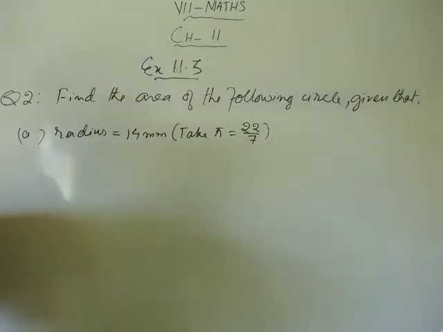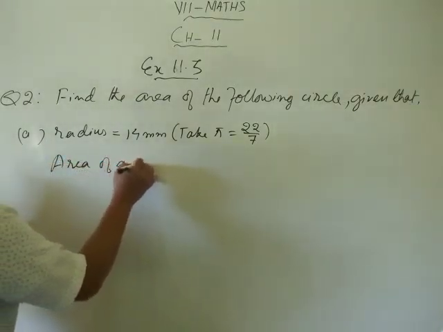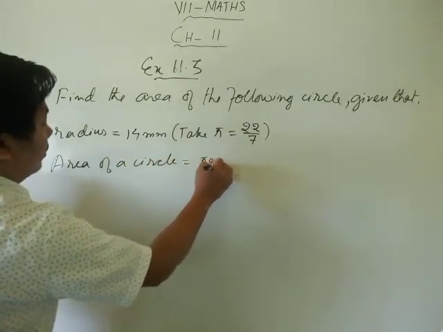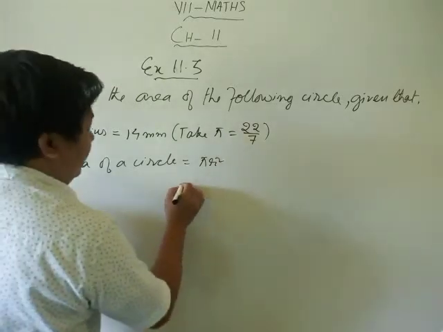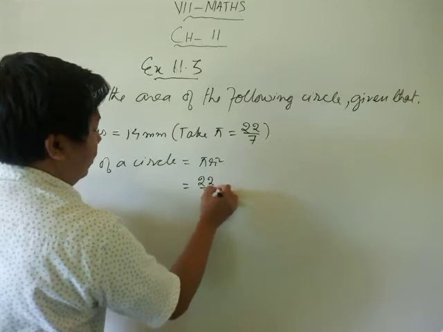Now we know that area of a circle equal to pi r square, isn't it? Yes. So it means that pi, let me take this 22 by 7, 22 by 7 into r.